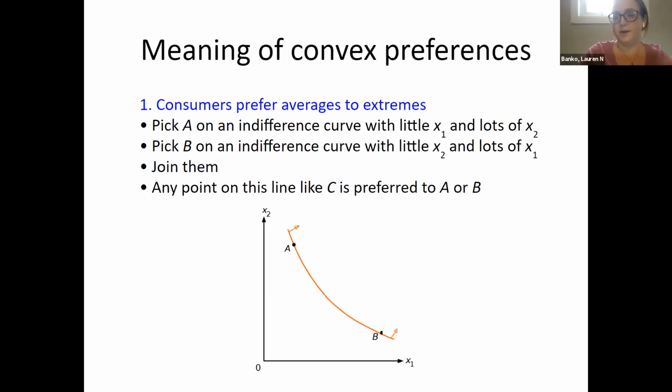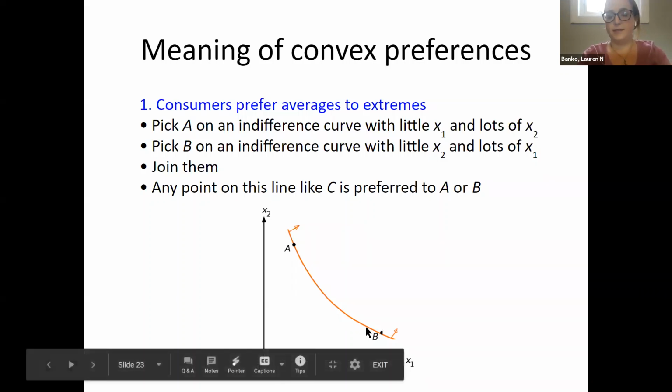It's the shape of the curve, but what it says is that consumers, when they're looking at these two goods, X1 and X2, would prefer kind of an average, a good amount of X1 and a good amount of X2, rather than a lot of X1 and a little of X2, or the other way, a lot of X2 and a little of X1. They kind of want a good mix of the two rather than one or the other.